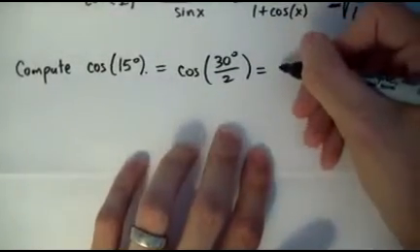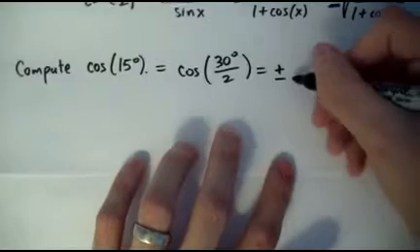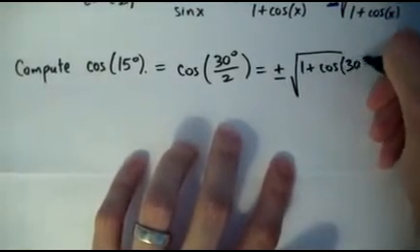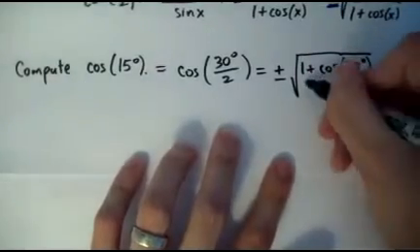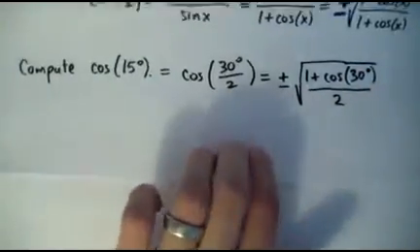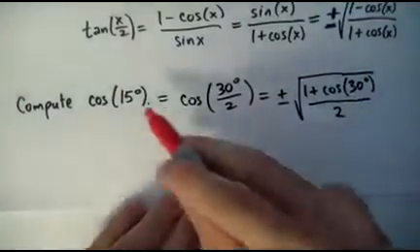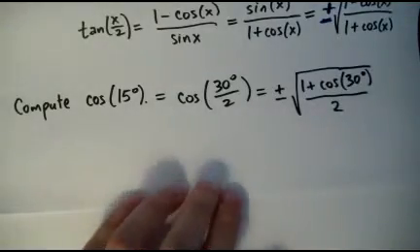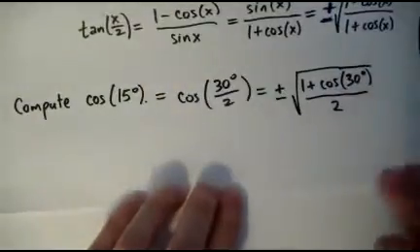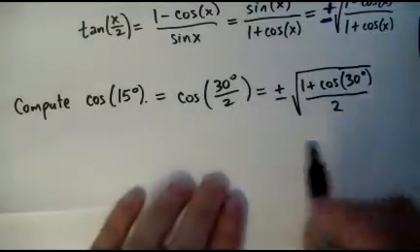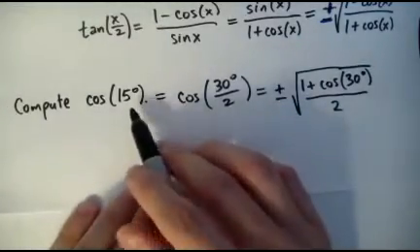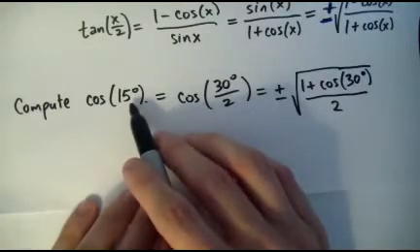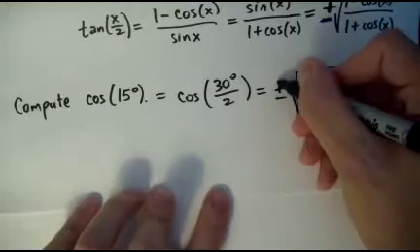According to our formula, we have plus or minus the square root of 1 plus cos of 30 degrees all over 2. But remember again, because we know that cosine of 15 degrees is positive, because 15 degrees is in the first quadrant, we're going to take the positive sign here.